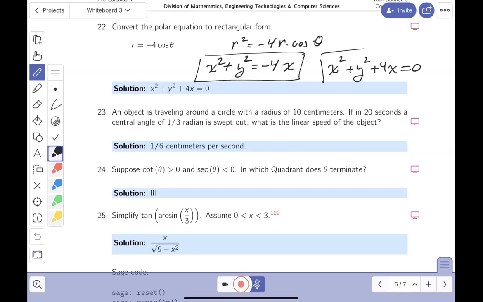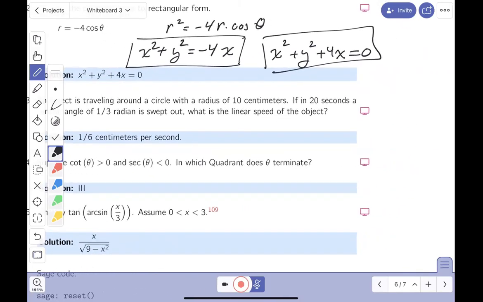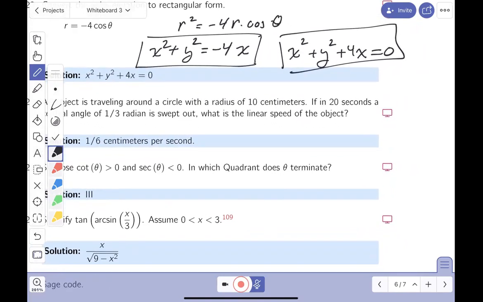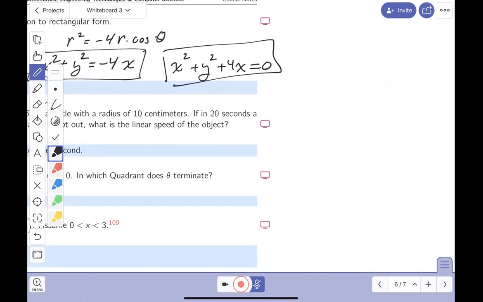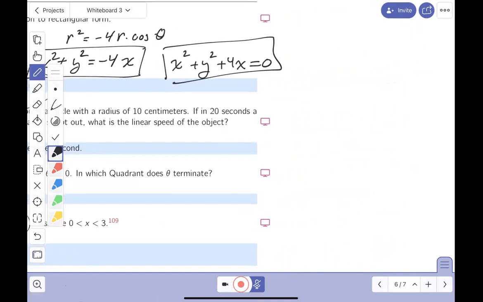I got this over here. By the way, I'm not going to say they asked for it, but the bottom line, I think you should probably recognize that guy. I know it's the answer, by the way. I want to go through it with you, though. I want to recognize this guy. What do you get? X squared plus 4x plus y squared is equal to 0. Complete the square.